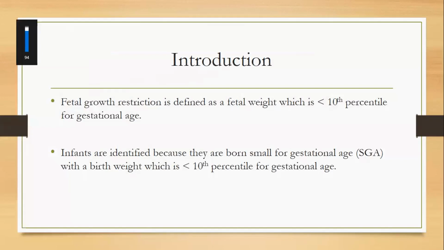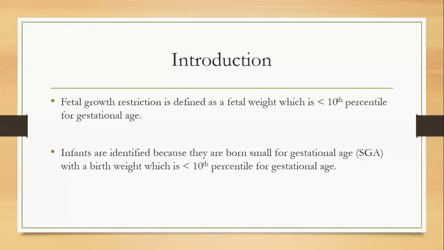All right. So as has been defined before, fetal growth restriction is defined as a fetal weight which is less than the 10th centile for gestational age. Infants are identified because they are born small for gestational age, with a birth weight less than the 10th percentile for gestational age, using specific growth charts.